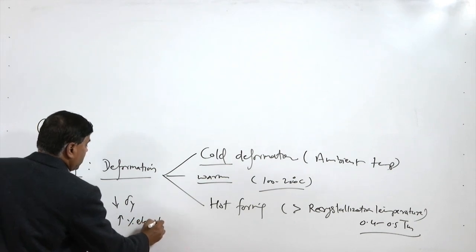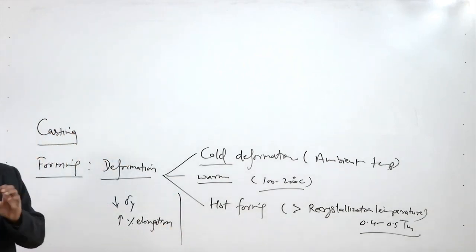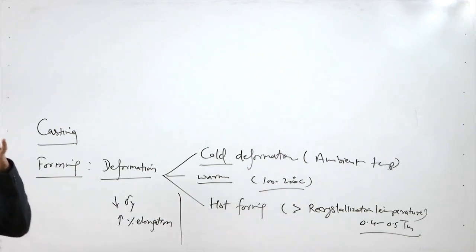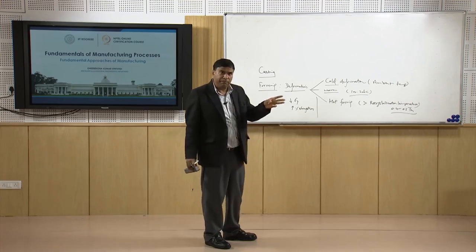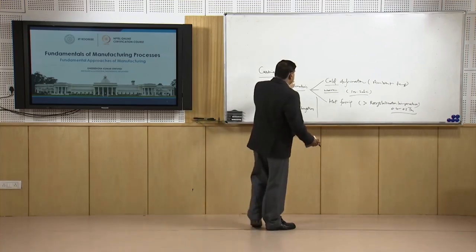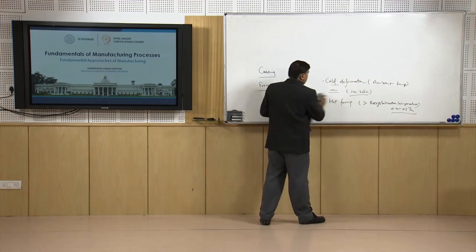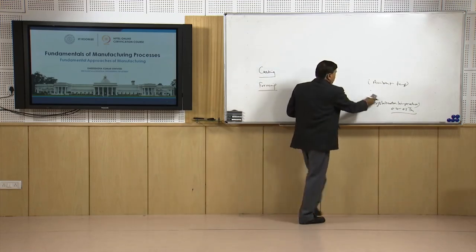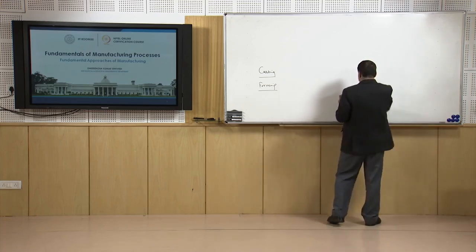So, a combination of both these characteristics, reduction in yield strength and increase in ductility, helps to deform the material under the effect of the external forces easily, so that the desired shape and size can be achieved easily. So, there are certain processes.